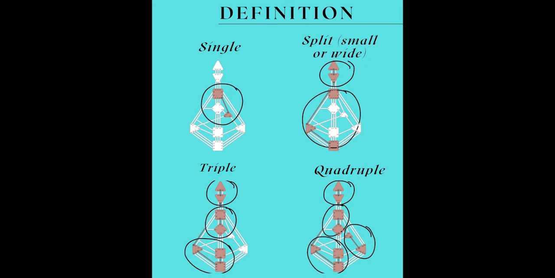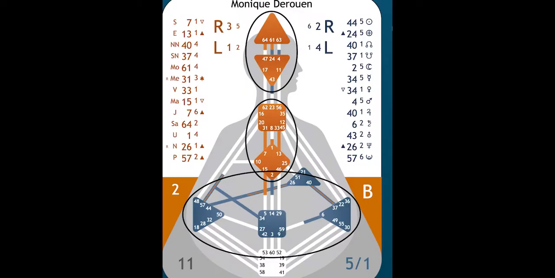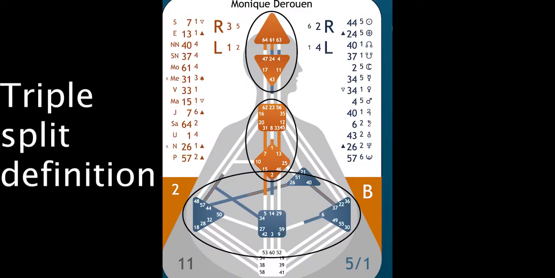Then we have triple split definition. So if we're looking at Monique's chart, we're going to see, all right, she has a piece here, the head and the ajna connected. Okay, it's split here though. So it's 3 pieces, right? Triple split definition.